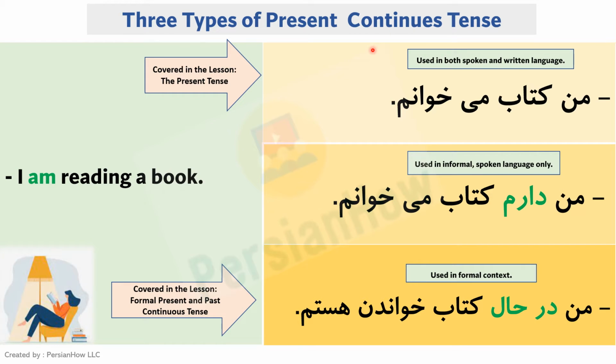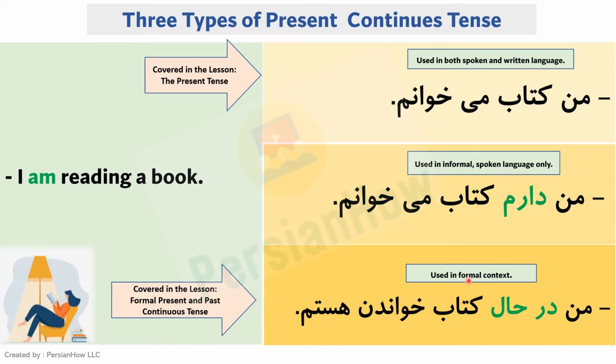So there's something here which I need to mention, which is in Farsi, we have three types of present continuous. The first one, man kitab میخوانم, which we have already learned, is without the auxiliary verb. And this form is used both in the formal language and informal language. And then we are learning this form in this lesson, man daram kitab میخونم, which we said earlier is only used in the spoken language, in everyday language.